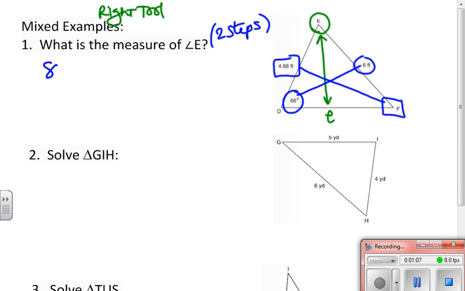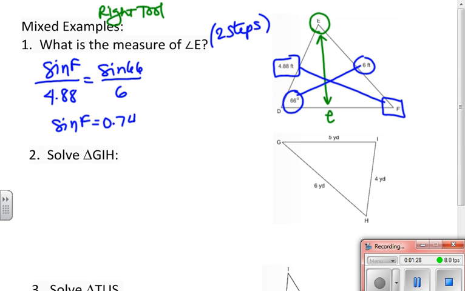So I'm going to start with the sine of F over its side, 4.88. That's equal to the sine of 66 over 6. Cross multiply and divide, and I end up with the sine of F equaling 0.74, which makes angle F, after I use my inverse, 47.7 degrees.